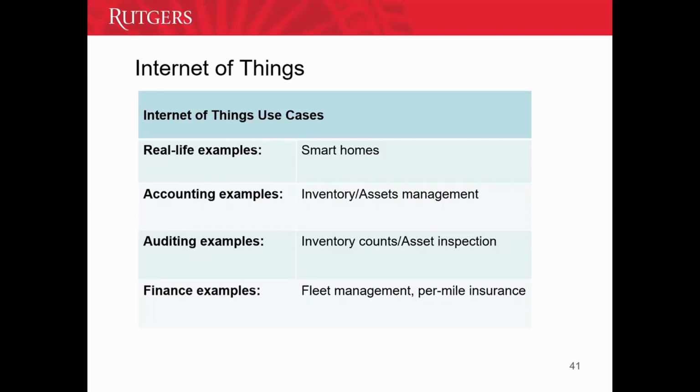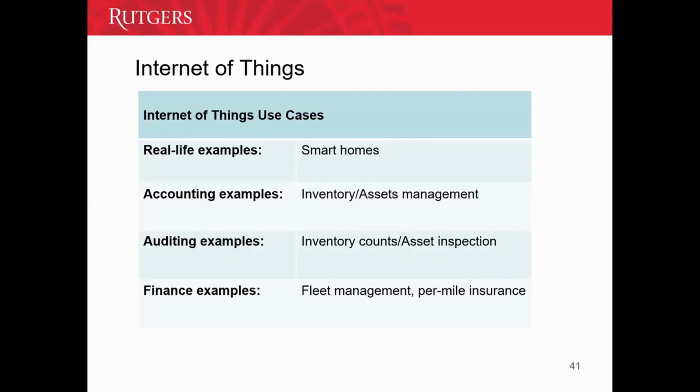There are several other use cases of the Internet of Things other than warehouses. For example, in accounting and in auditing, companies are beginning to use drones to perform inventory and asset inspections. Traditionally in audit, the auditor goes every year to look at the existence and the state of high-value assets within a particular company.